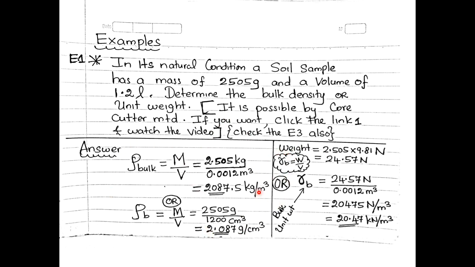Bulk unit weight calculation, weight of the soil, 2.505 kilogram multiplied by 9.81, that's a Newton. That means 2505 gram is equal to 24.57 Newton.